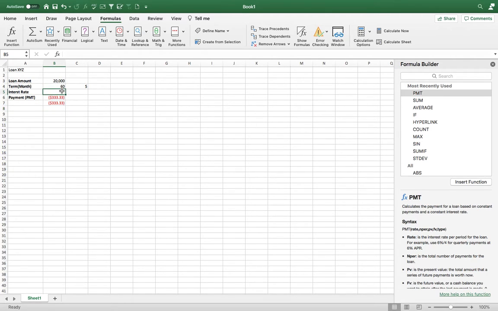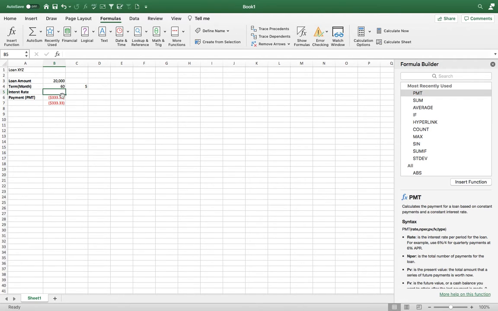Let's say, you know what, I'm not going to pay $333. I can pay 400. And what will be the interest rate? Because as you see, I don't have any interest rate yet.